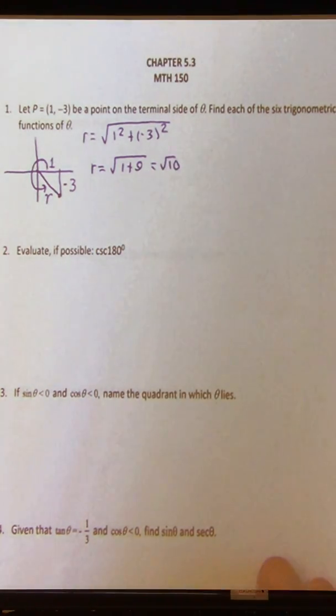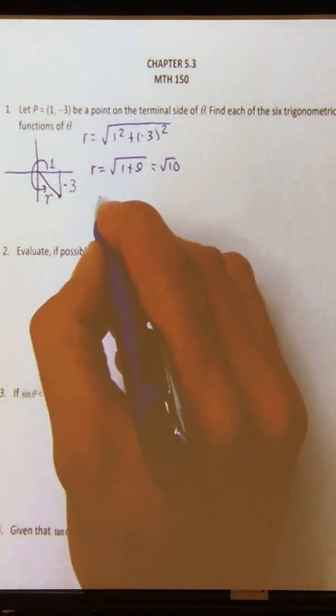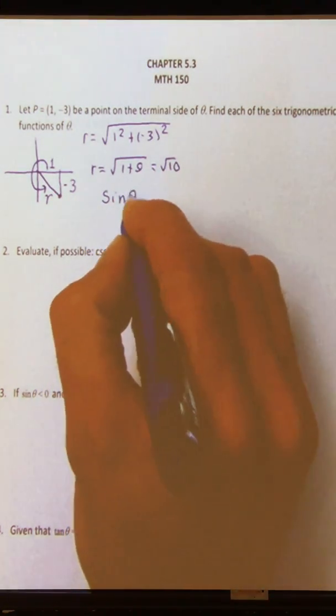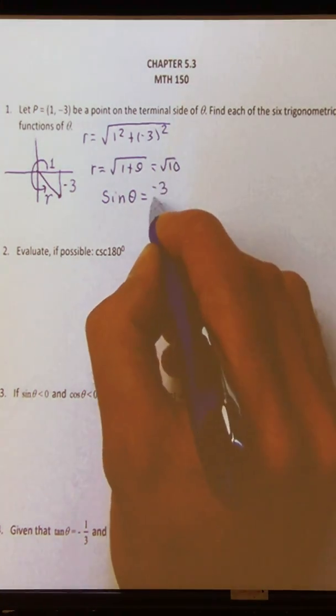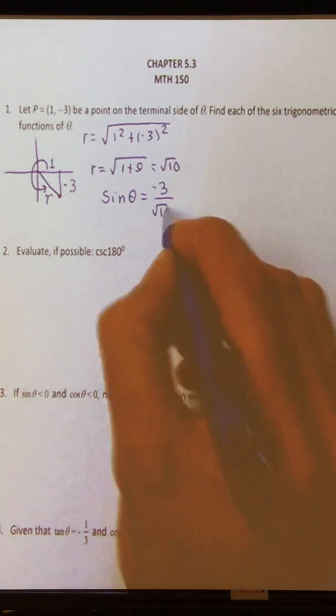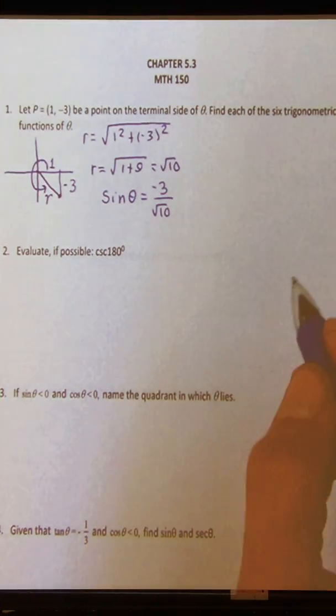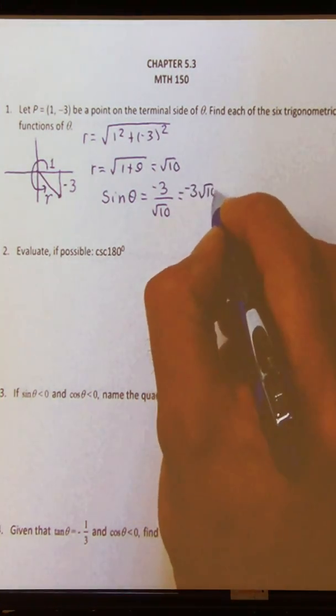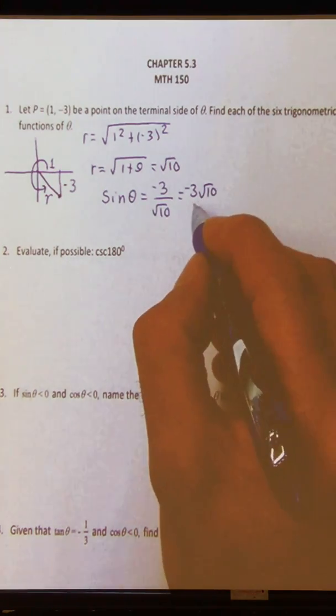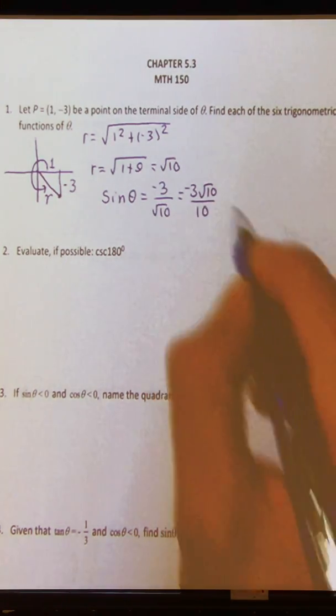Once we have that, we can get our 6 trig functions. The sine of the angle is equal to the y over the r. Y is -3, r is root 10. We then multiply by root 10 over root 10 to rationalize, giving us -3 root 10 over 10.